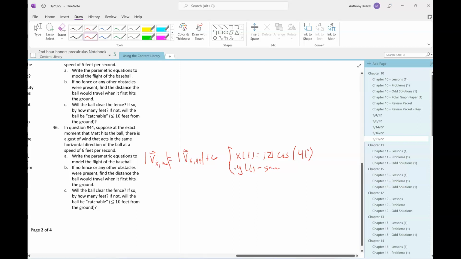Angle does not change. What that angle is going to do is just determine the amount. Since that wind is blowing exactly horizontally, only some of that 6 is going to get directed into the ball. Basically cosine 41 of it. You know what I mean?